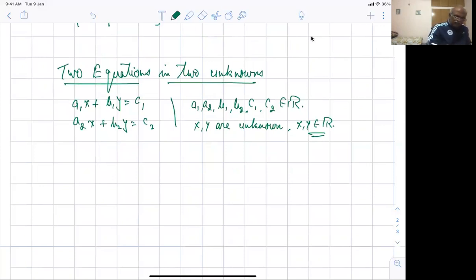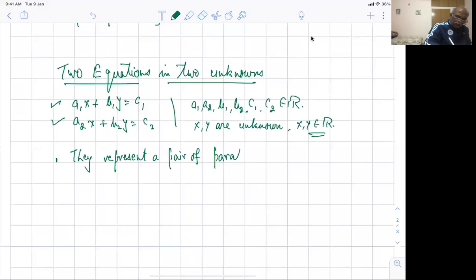What you remember is that they represent lines. Since they represent lines, both of them can be parallel lines. So one case is that they represent a pair of parallel lines, and in this case there won't be any solution for us.